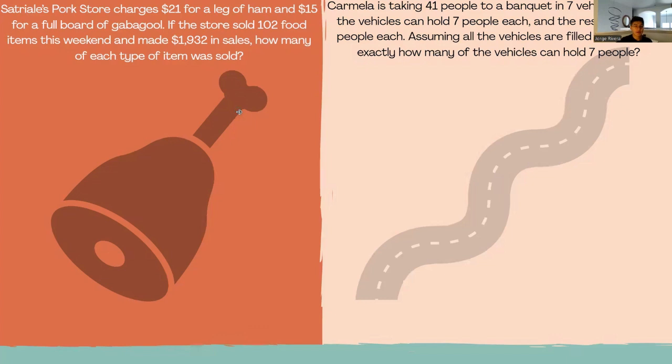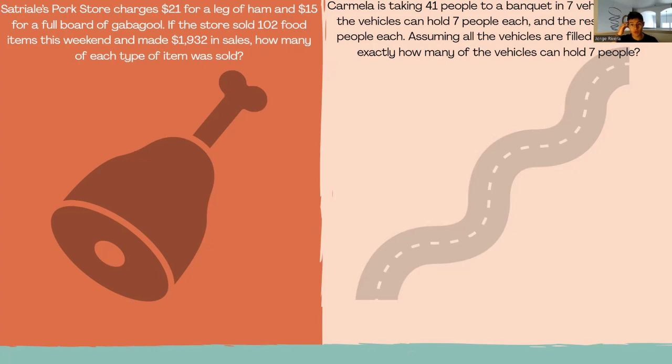All right. So if we have, say, Triola's pork store is charging $21 for a leg of ham and $15 for a full board of gabagool. If the store sold 102 food items this weekend and made $1,932 in sales, how many of each type of item were sold? So basically, what it's giving us here is the prices for each one of these food items, and we know how many of the food items were sold, and we know how much money was made.